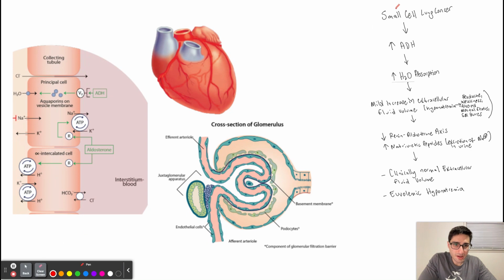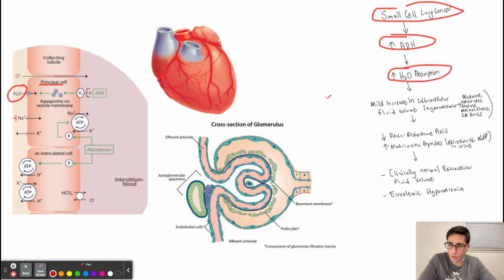Now, small cell lung cancer in this patient's case is producing antidiuretic hormone. And the antidiuretic hormone is going to be putting aquaporins on the apical side of the principal cell in our kidneys. So this is going to cause reabsorption of water into the body, an increase in water reabsorption.